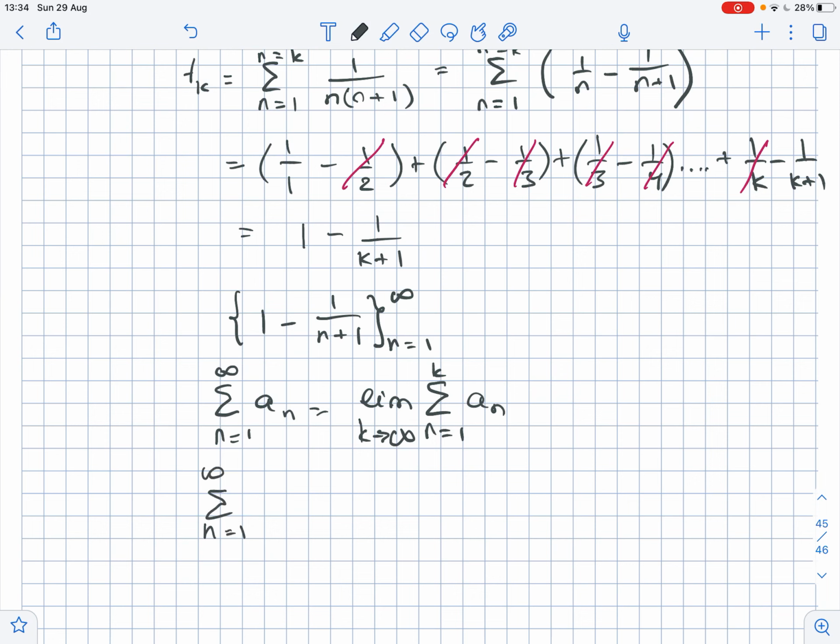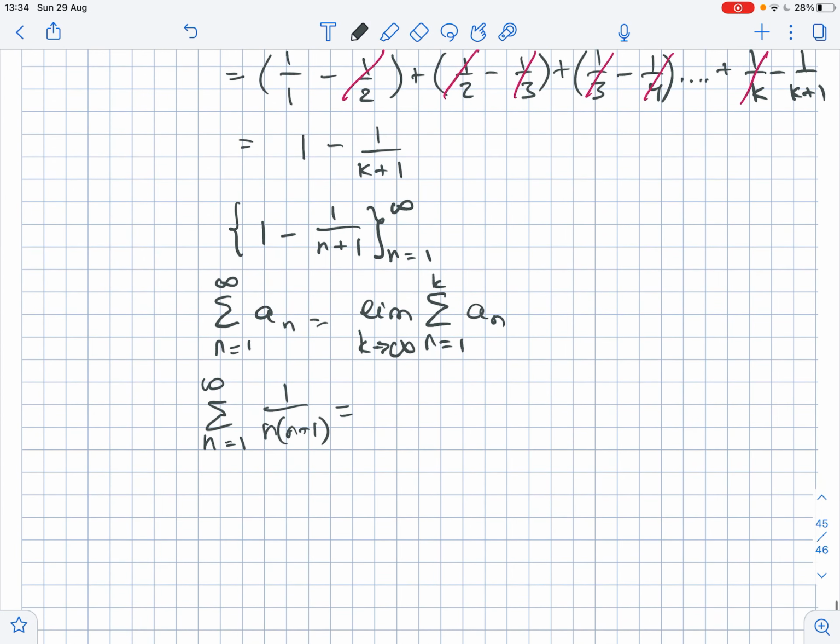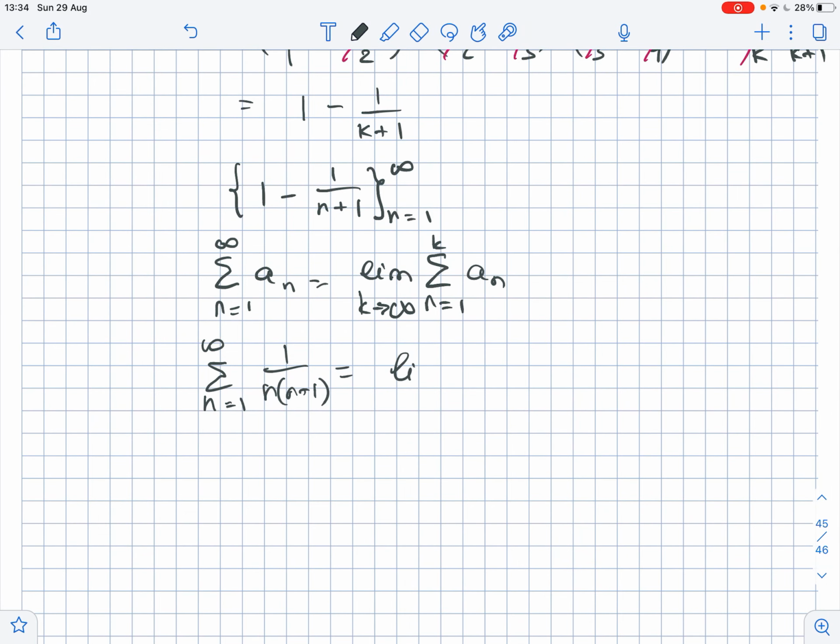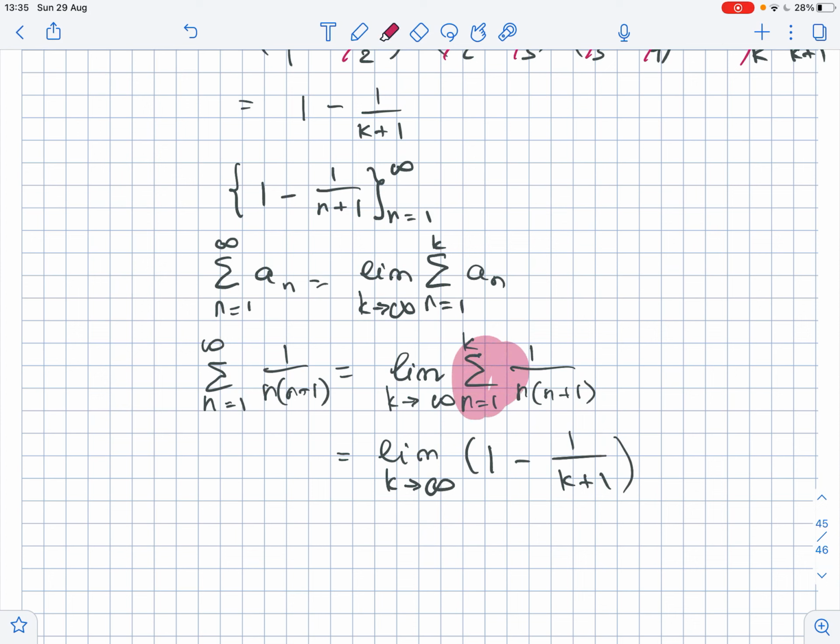So in our case, the sum from n equals 1 to infinity of 1 over n times n plus 1 equals the limit of the sum from n equals 1 to k of 1 over n times n plus 1, where k approaches infinity. Then this equals the limit of 1 minus 1 over k plus 1, where k approaches infinity.